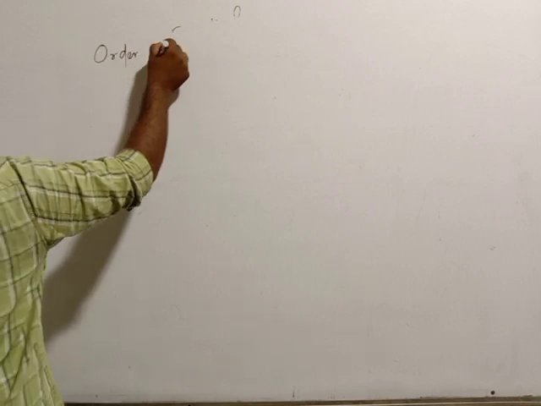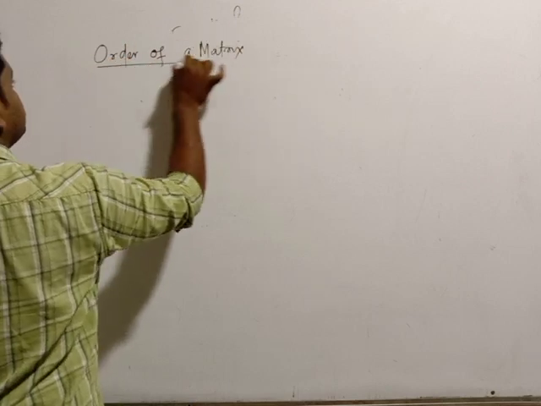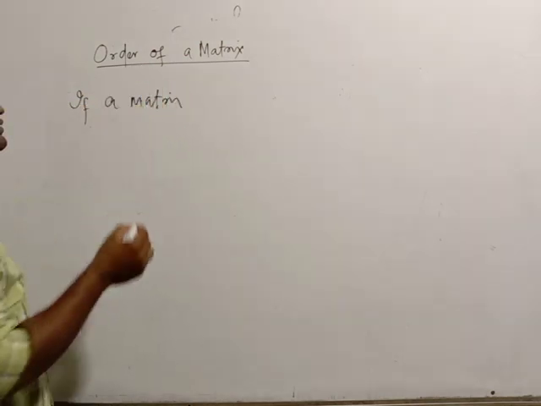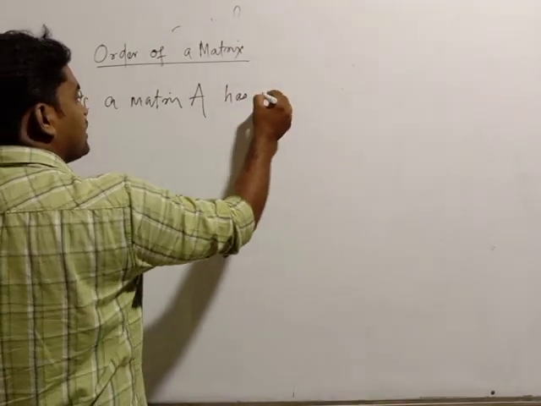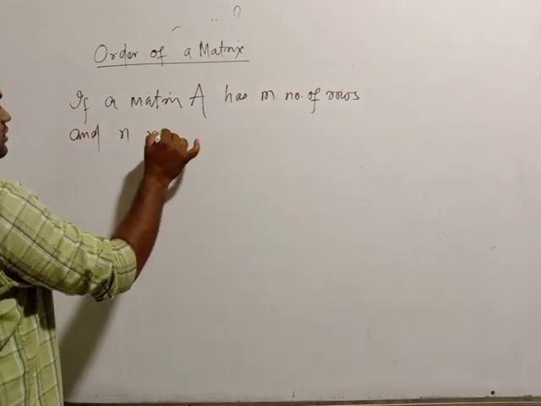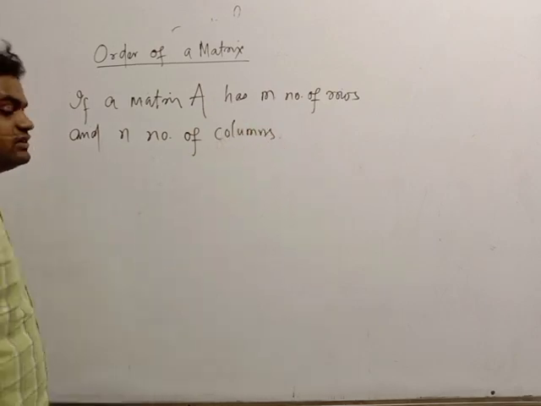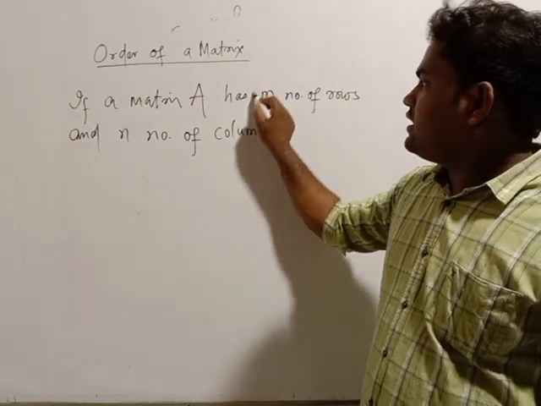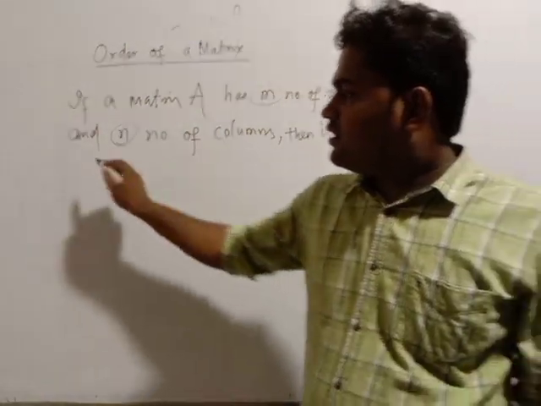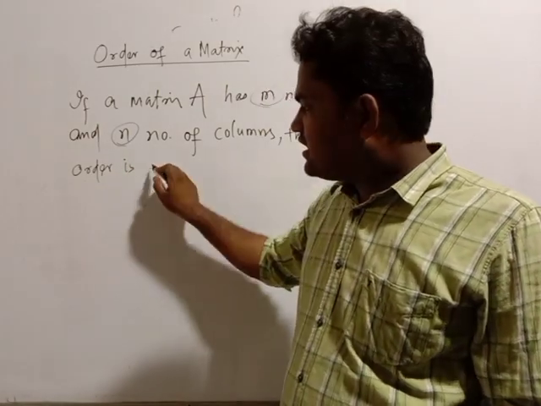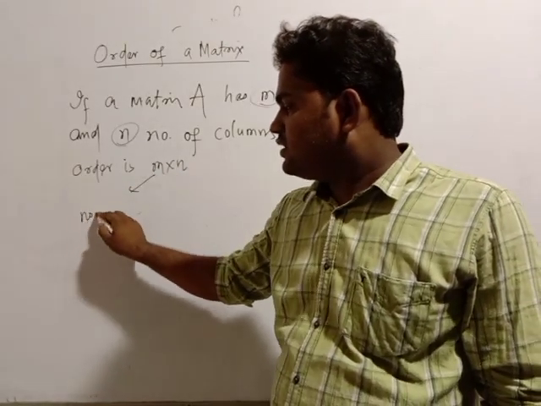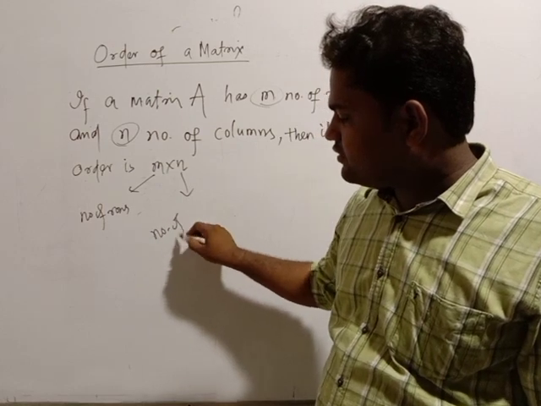Order of a matrix. Look at here. If a matrix A has m number of rows and n number of columns, then its order is m cross n, where m stands for number of rows and n stands for number of columns.